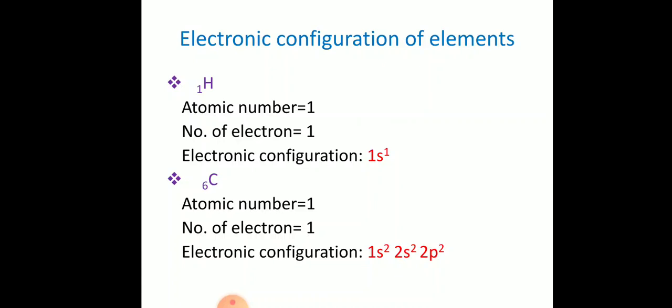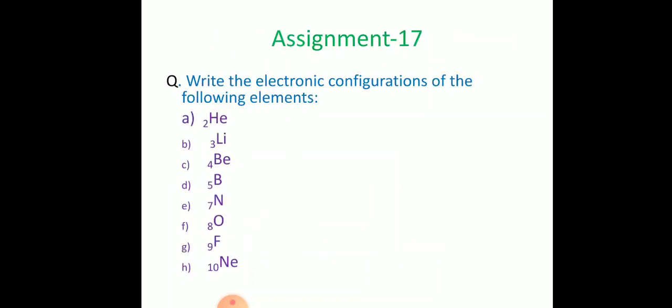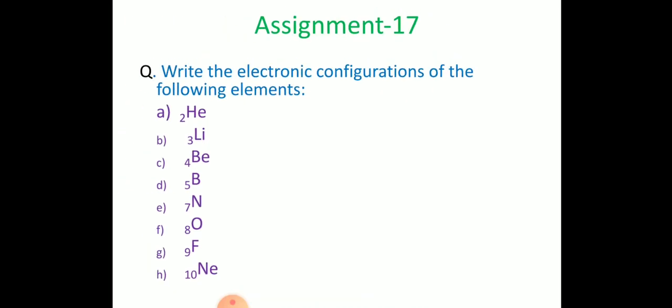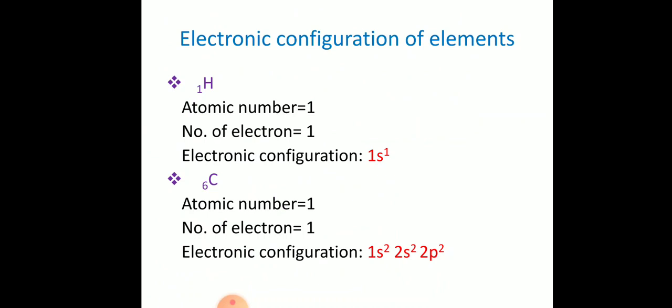According to the order, the first orbital that comes is 1s, and since we have 1 electron, we write it as 1s to the power 1. Got it? Now if you have 2 electrons, it is written as 1s2.